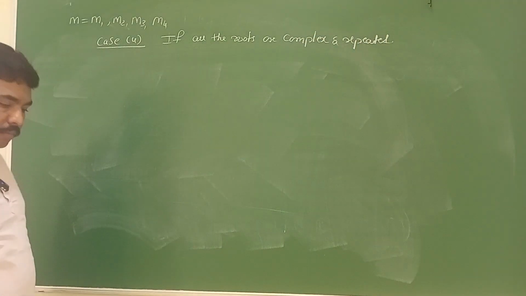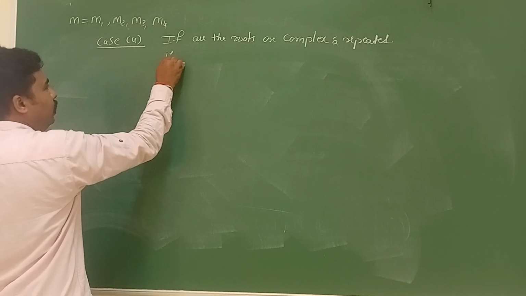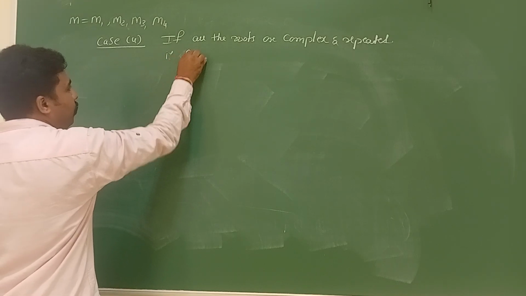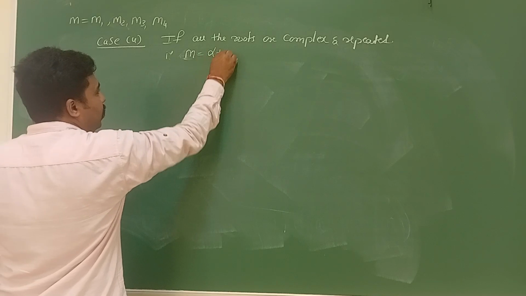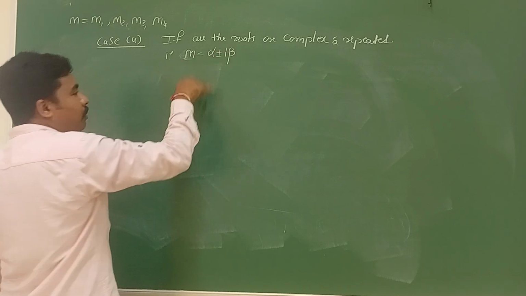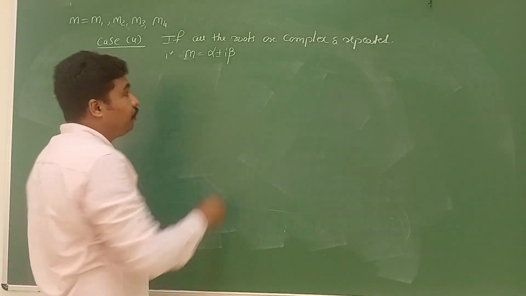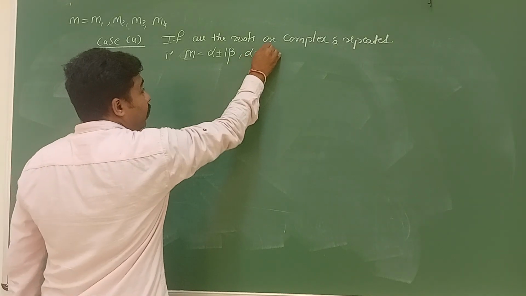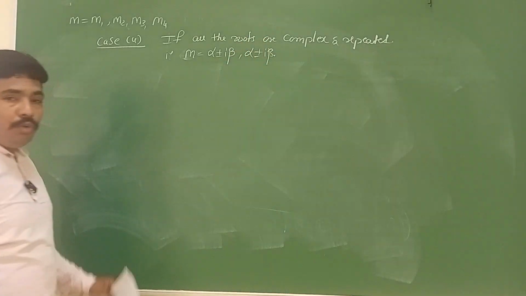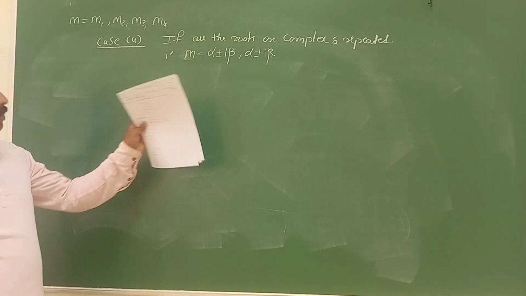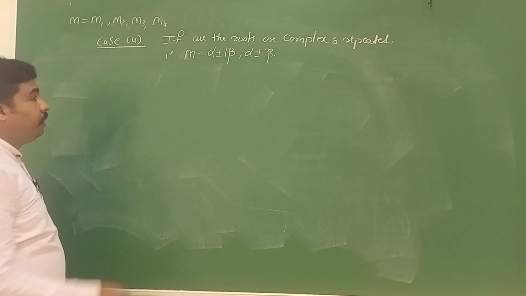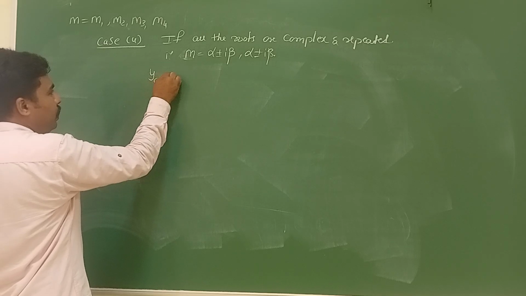They are complex but repeated roots. What is the meaning? m equal to alpha plus or minus i beta is repeated twice. Complex roots but repeated. Whenever we have roots like this, how do we write the complementary function?